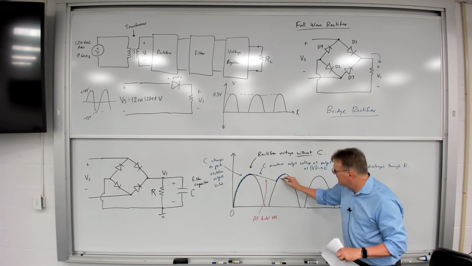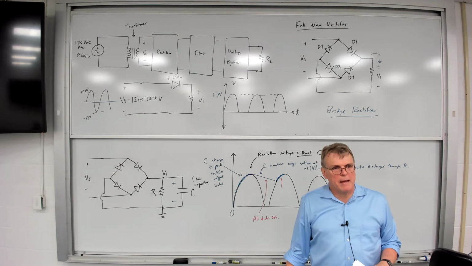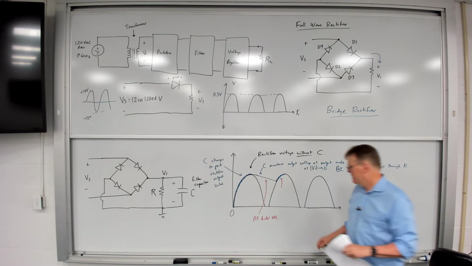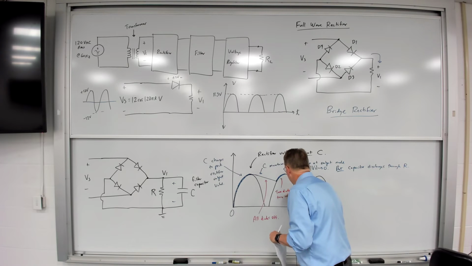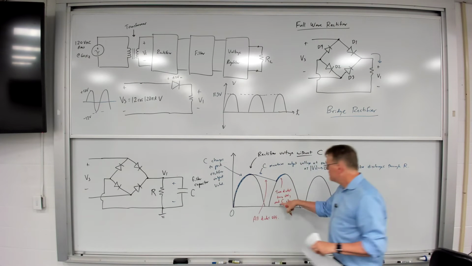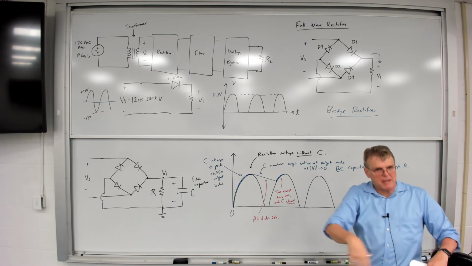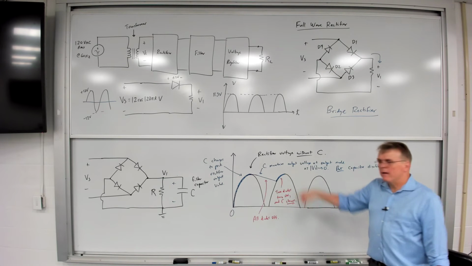In this region, as Vs increases, 2 of the diodes are going to turn back on, and then the capacitor charges up again to the peak voltage. Which 2 diodes turn on depends upon whether Vs is going through its positive or its negative part of the cycle. And then, once again, the capacitor is going to charge up.